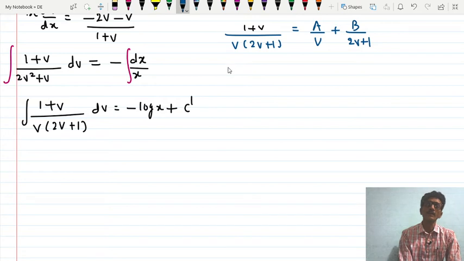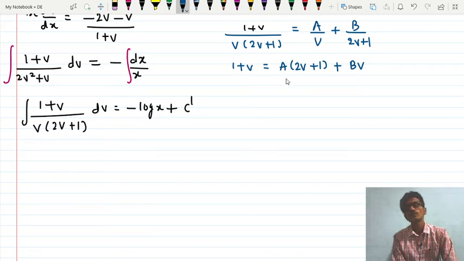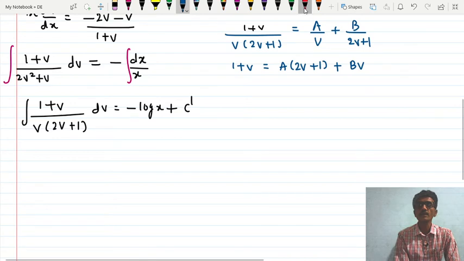Solving for a and b, 1 plus v is equal to a into 2v plus 1 plus b into v. We are putting v equal to 0. I will be getting a here, so a is equal to 1.